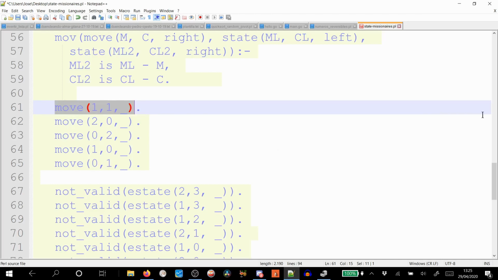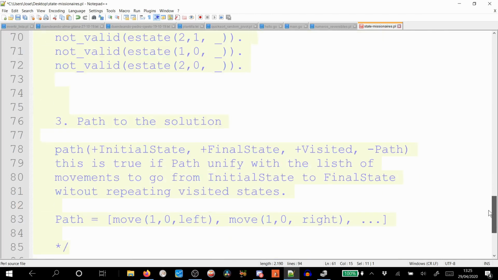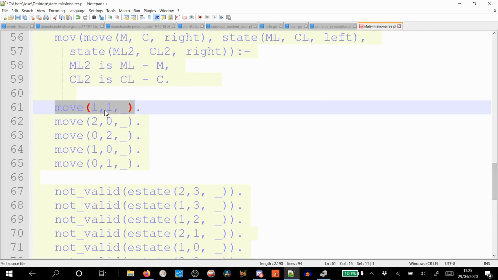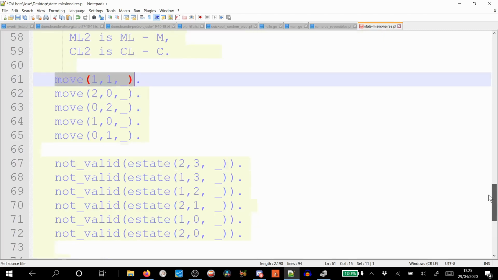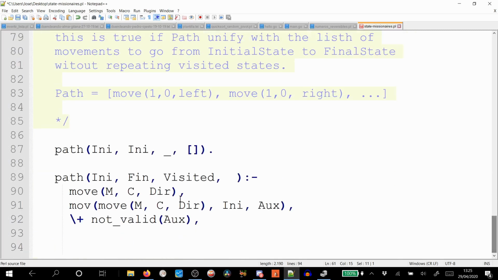There are no more options here. So first, try to take one of these values, and after that, try to move this number of missionaries and cannibals. This is only to limit the number of options here. Only take the valid number of missionaries and cannibals in the boat.